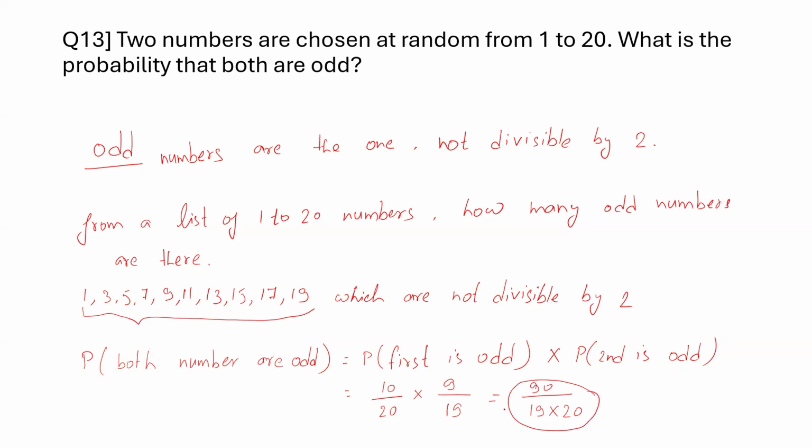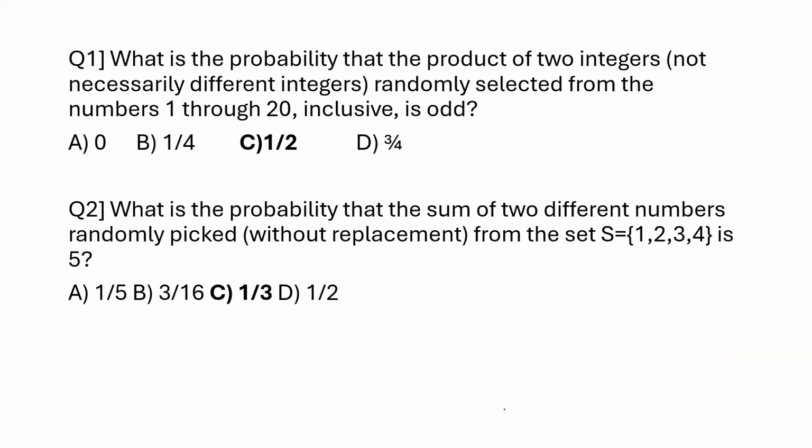Consecutive events, right? Two numbers you are choosing from 1 to 20. Now these are some practice problems, and the correct answer I have written like this. What is the probability that the product of two integers randomly selected from the numbers 1 to 20 inclusive, like 1 and 20 also you have to include, is odd?